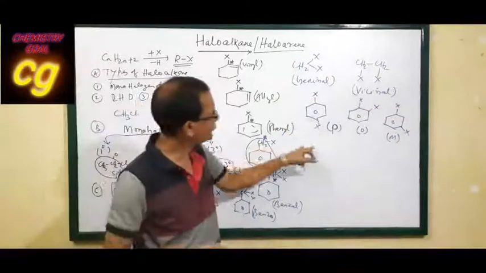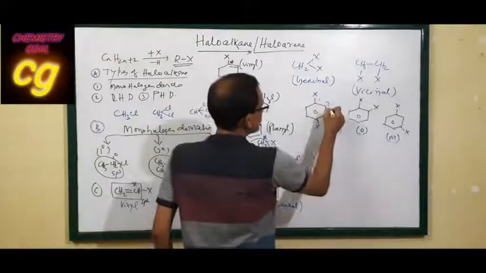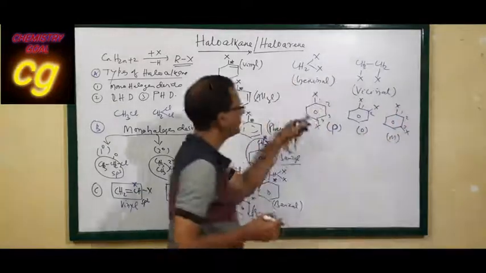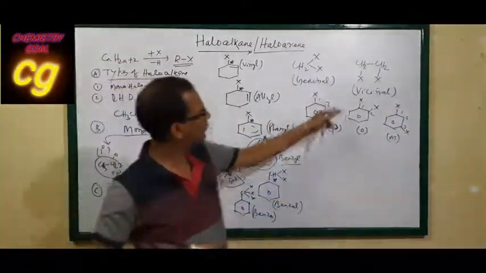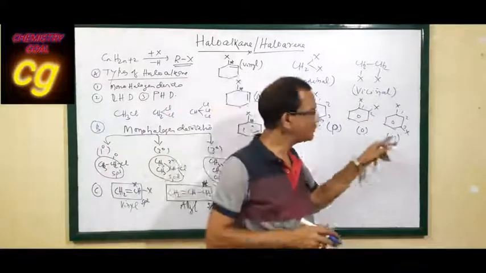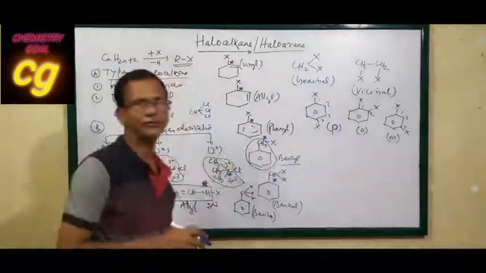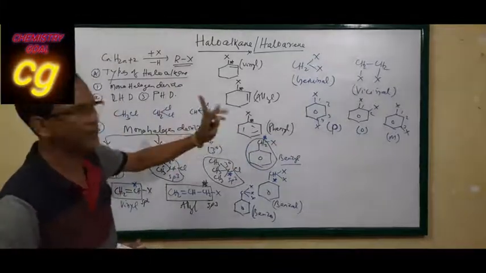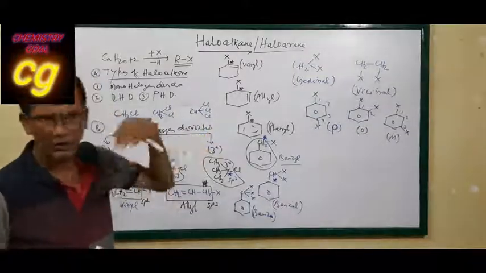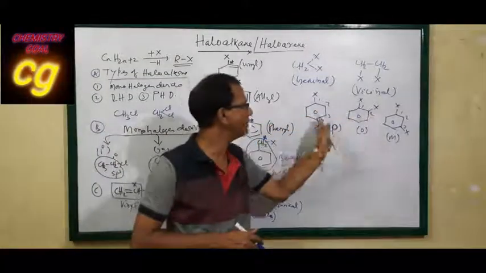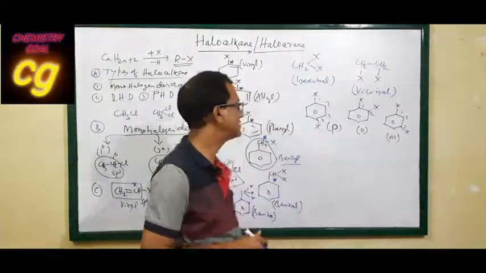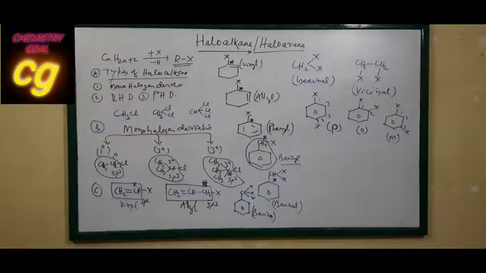So 1,4 position is para, 1,2 position is ortho, and 1,3 position is meta. So there are 3 types of dihalogen derivative. And the monohalogen derivative is one type. It has no other forms. But dihalogen derivatives are 3 types: ortho, meta, para. So these are different types of halogen derivatives.